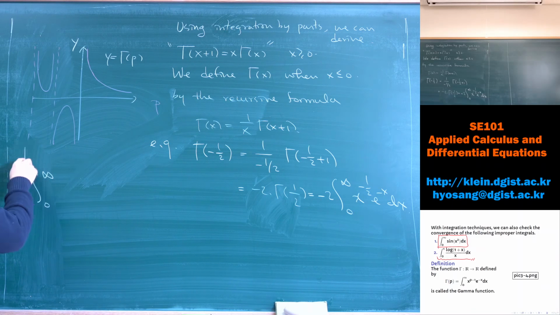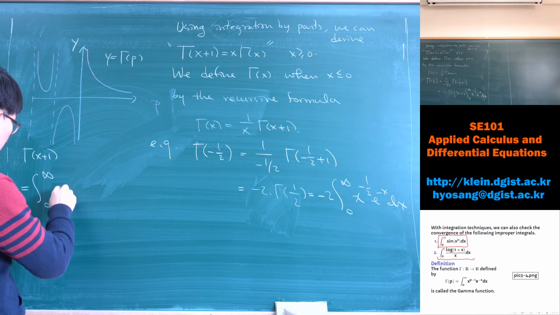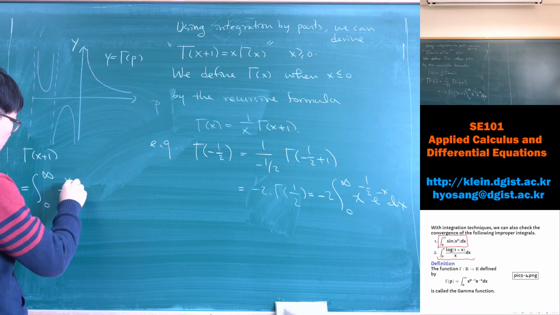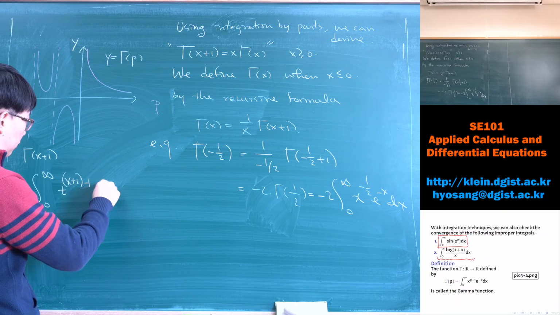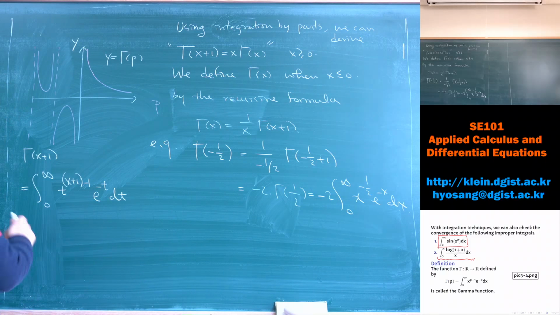First of all, what's gamma x plus 1? Instead of p, I used x, just for convenience. This becomes the integral of t to the x plus 1 minus 1, right, times e to the negative t dt. So that's gamma x plus 1.